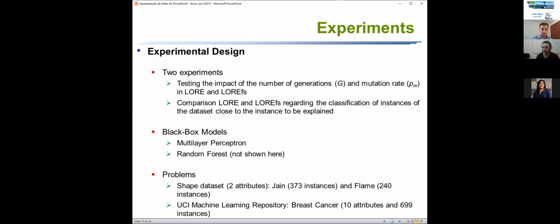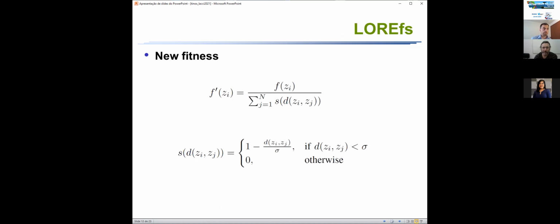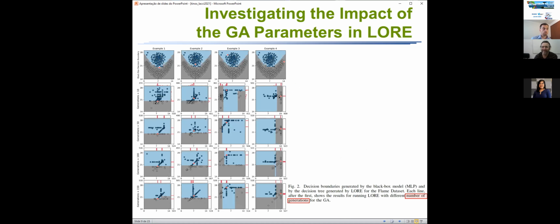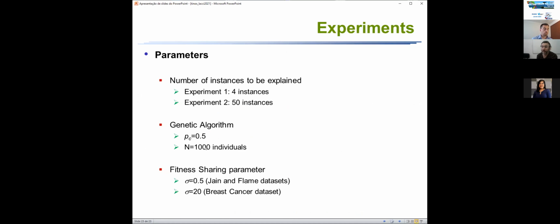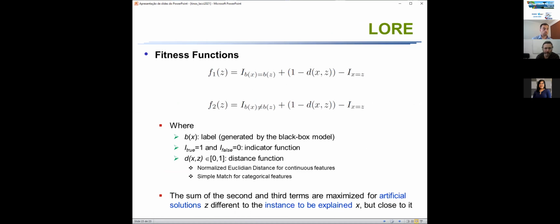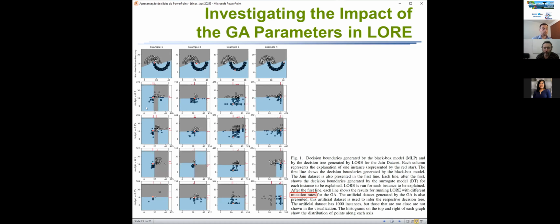Okay, thank you, Renato. I have a second question. Rocio Ochoa asked, how does population size influence model performance? Right, both are good questions. In fact, I didn't show the parameters. The number of individuals in the population is 1,000. We didn't show everyone here, because if two instances are too close, we didn't show them.